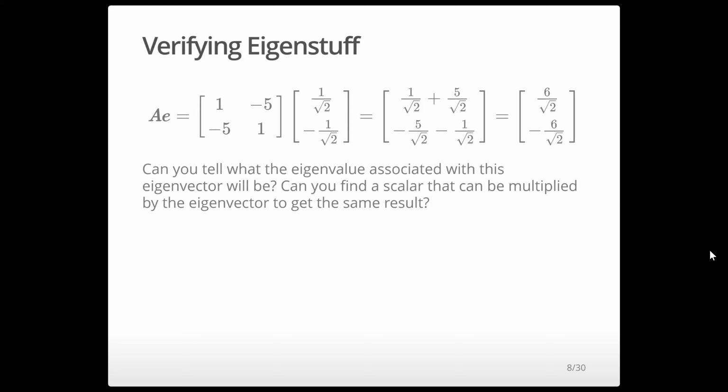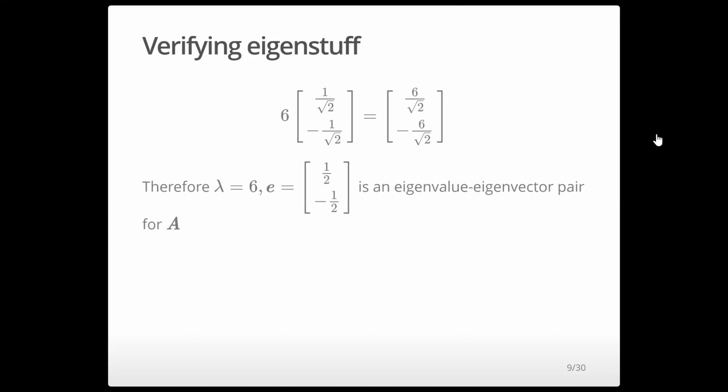So this is pretty straightforward. We can probably pretty easily tell what the associated eigenvalue will be. The idea is we want to find a scalar, a single number, that's multiplied by the original eigenvector, which is 1 over root 2 and then negative 1 over root 2. So what's a scalar that when we multiply by that vector gives us this same result, 6 over root 2 and then negative 6 over root 2? In this case, the answer should be pretty straightforward. It's 6.